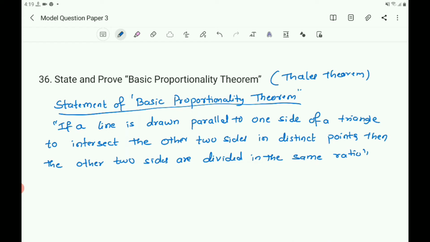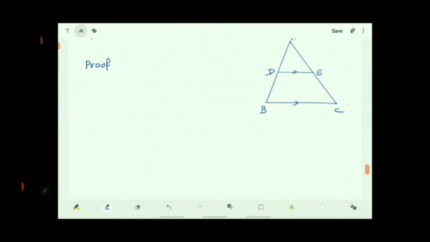Now let us prove the theorem. Here given that triangle ABC is given.